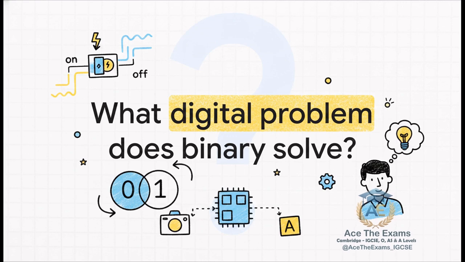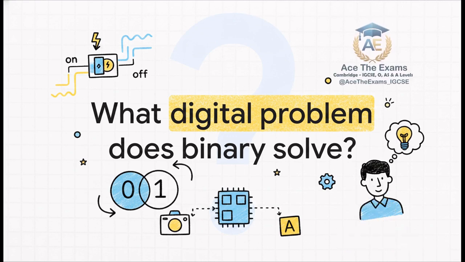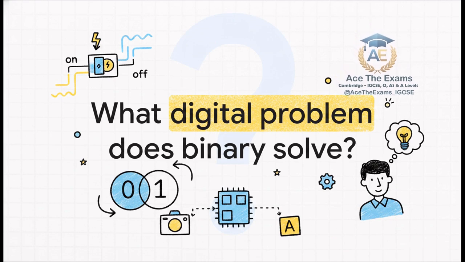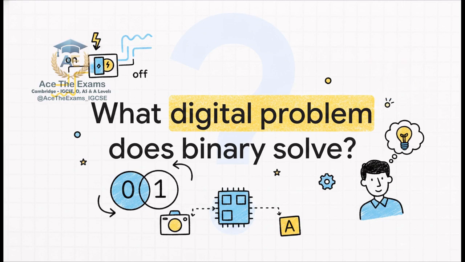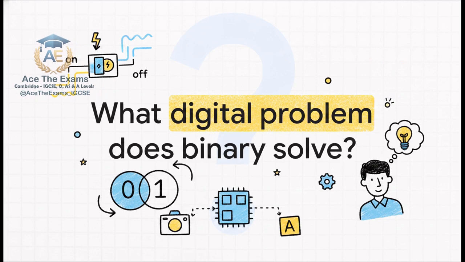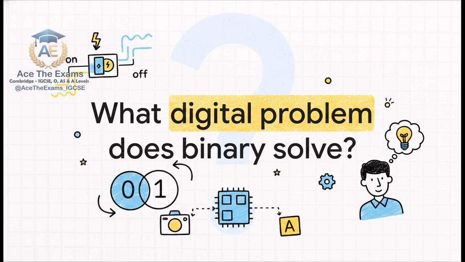Before we introduce bits or bytes or logic gates or MAC addresses, why did engineers literally invent binary in the first place? The problem is that a computer is essentially a massive collection of microscopic electronic switches. It doesn't understand the letter A, it doesn't understand the number 5, and it certainly doesn't understand a high-definition video file. It only understands one thing: voltage.